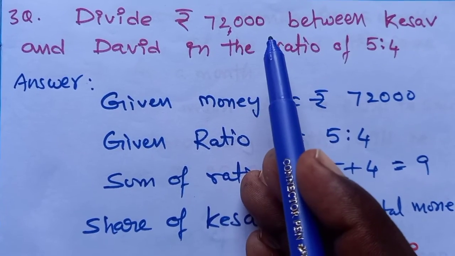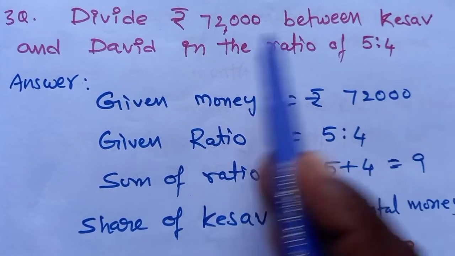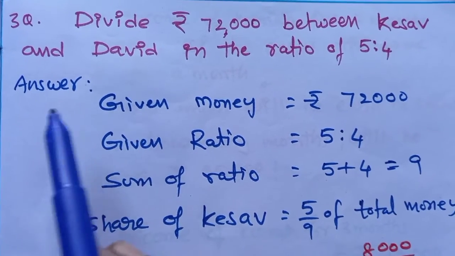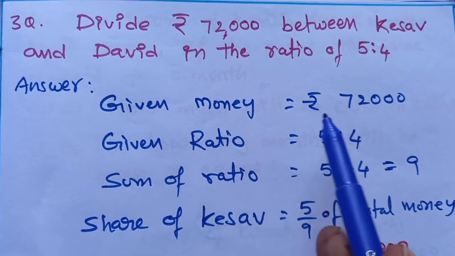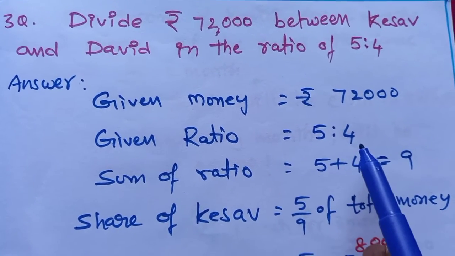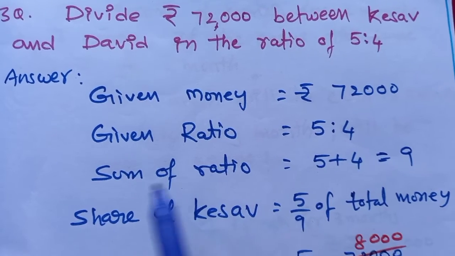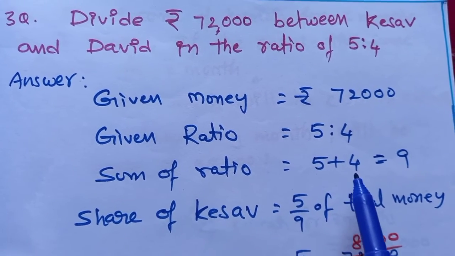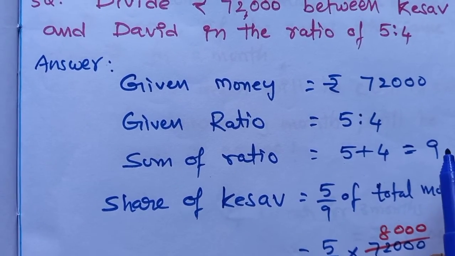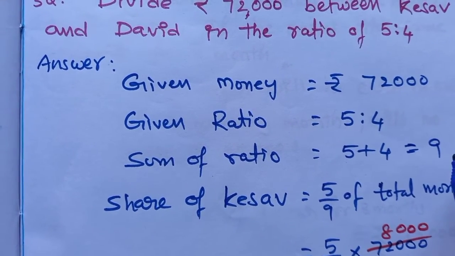Now, question number 3. Divide 72,000 rupees between Keshav and David in the ratio of 5:4. So, answer. Given money 72,000. Given ratio 5:4. That means the sum of the ratios equal to 5 plus 4 equal to 9. That means we have to divide the given total money into 9 equal parts.